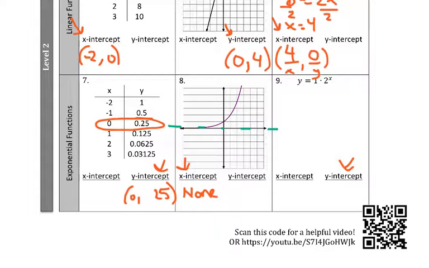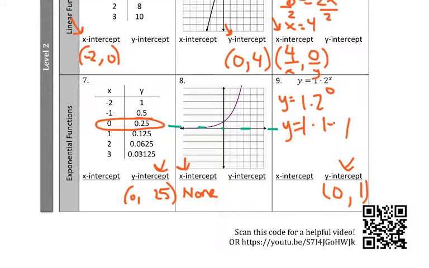For the y-intercept, I'm going to plug in a 0 for x, so y equals, because we know it's going to be 0 comma some number, 1 times 2 to the 0 power. Well, 2 to the 0 power is just 1, and 1 times 1 is 1. So my y-intercept is (0, 1).